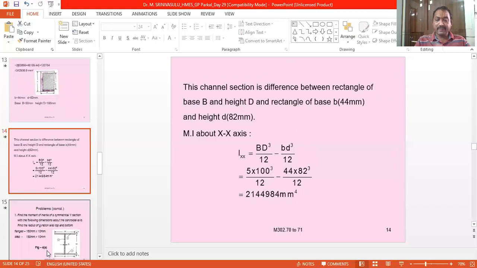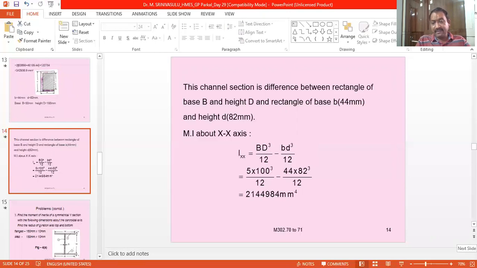Here we know the values of capital B, capital D, and also small b, small d. By substituting the values, we get Ix equal to 2144984 mm^4.